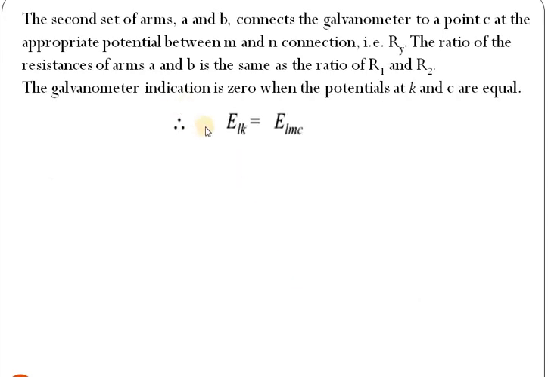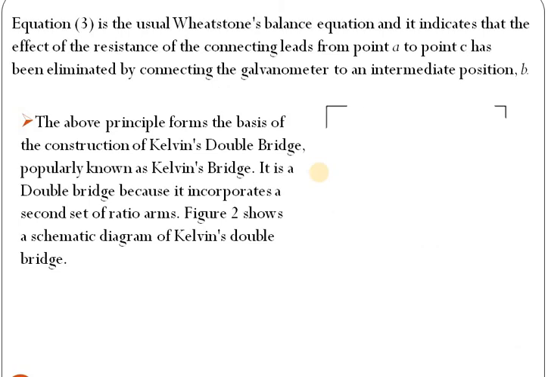Now from that we get ELK is equal to ELMC. By taking the voltage divider expression, ELK is equal to R2 by R1 plus R2 multiplied by E, where we already have the indication of the nodes.